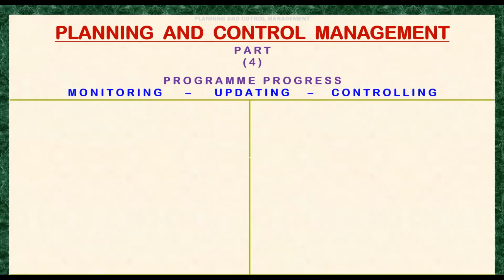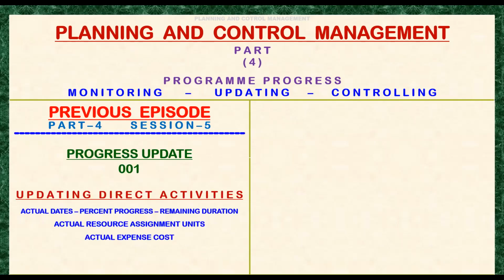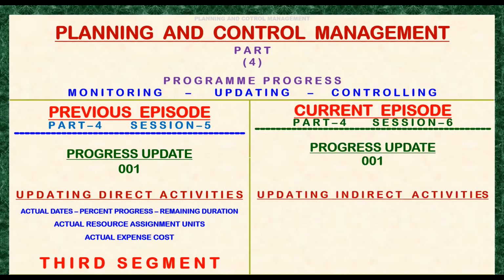Part 4, program of progress monitoring, updating, and controlling. Our previous episode was part 4, session 5, progress update 001, updating direct activities. That was on the third segment. Here our current episode is in part 4, session 6, the same subject, progress update 001.